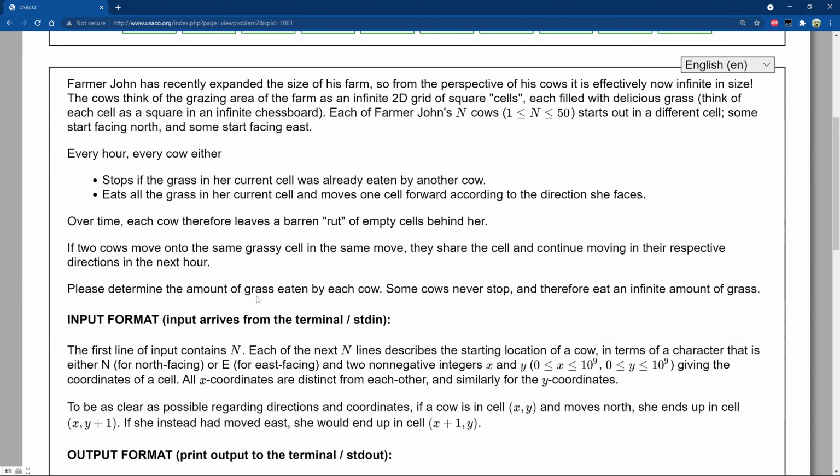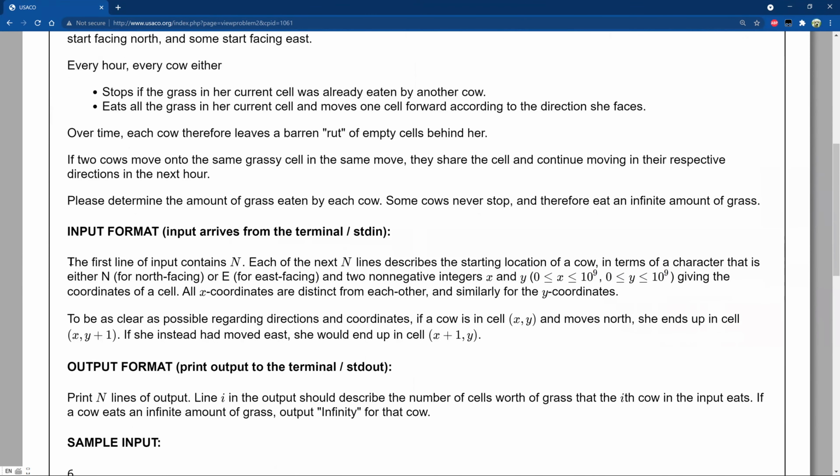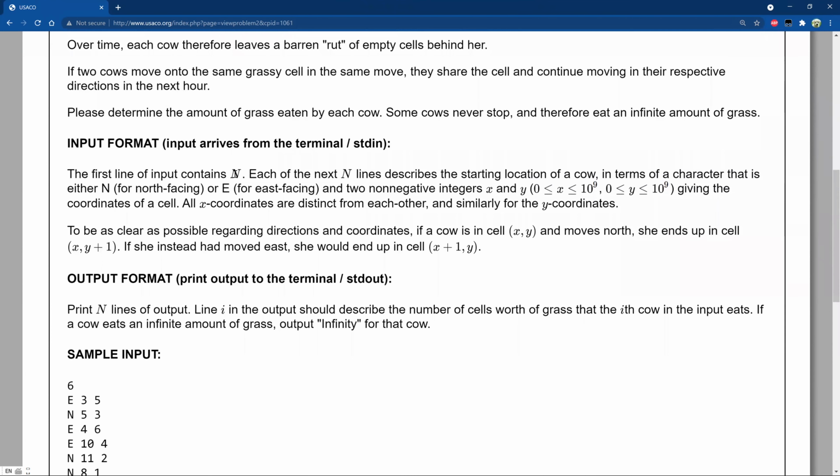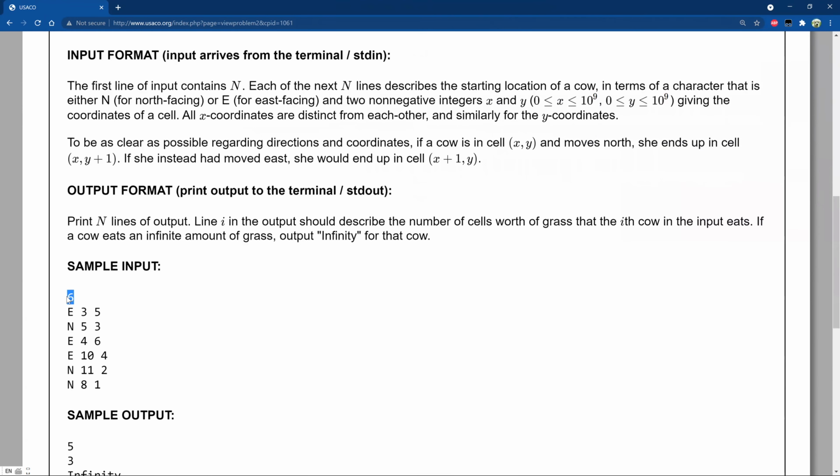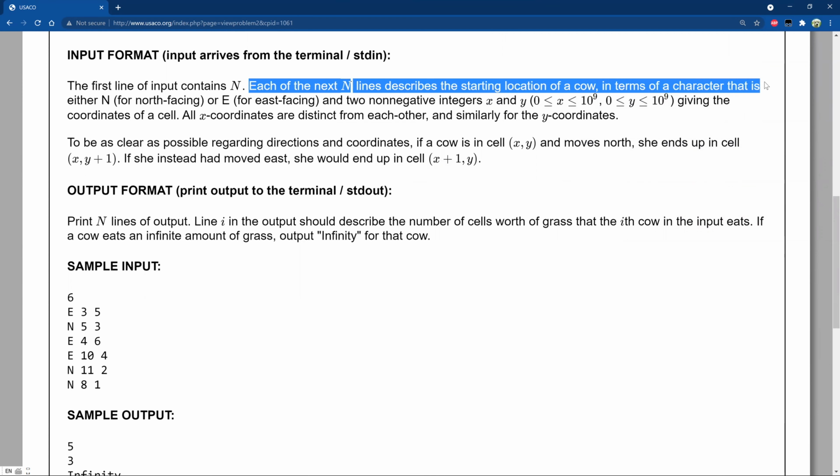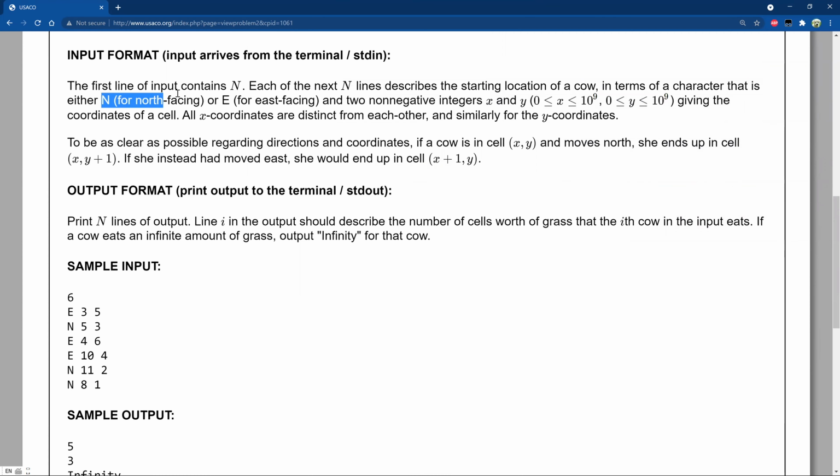The input will have the first line containing N, which is how many cows. In the sample input it is 6. Each of the next N lines describes the starting location of a cow in terms of a character that is either N for north facing or E for east facing, and two non-negative integers X and Y, each between 0 and 10 to the 9, which give the coordinate of a cell.